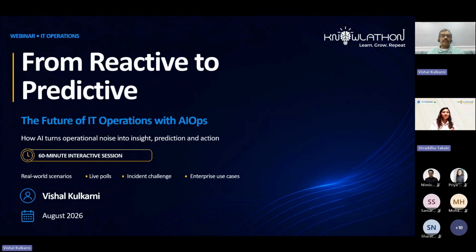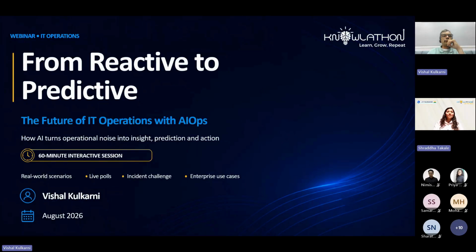And I think that's the reality of modern IT operations. Because businesses are collecting more and more operational data than ever, whereas having more data does not necessarily mean having more insights. And I think that's the shift we will be exploring today. You will learn in this webinar how to move from simply reacting to incidents to becoming more proactive and predictive with AIOps.